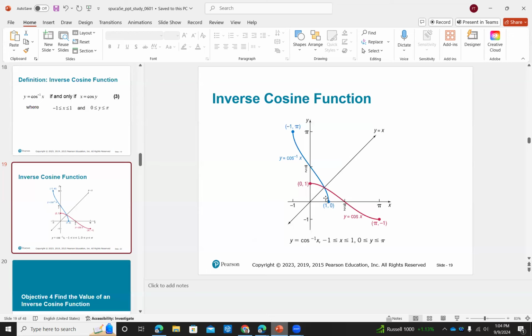So look at this. The blue graph has 1, 0. So if you change the location of these two numbers, you will get 0, 1 on the red graph. Again, red graph is pi, -1. If you change the order of these two numbers, the blue one is going to have -1, pi.